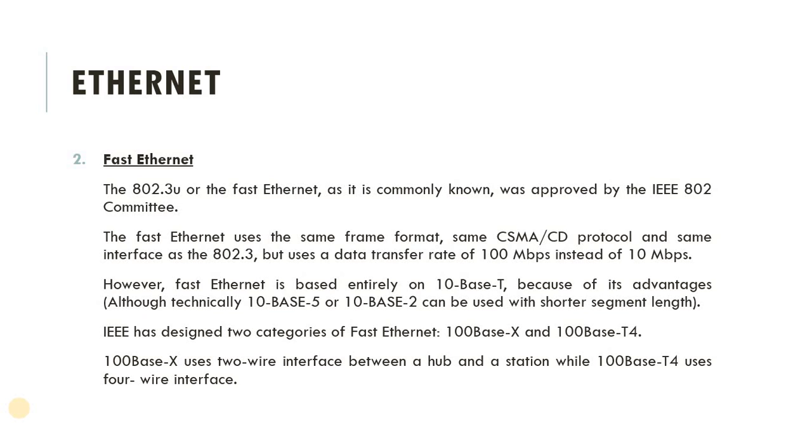These are the different versions of Ethernet. 100BASE-X uses a 2-wire interface between a hub and station, while 100BASE-T4 uses 4 wires. If the wires are 4, then obviously the capacity or throughput is also increased and the speed is also increased.